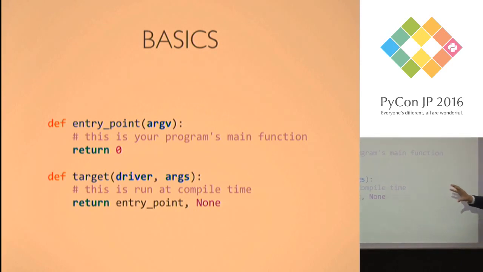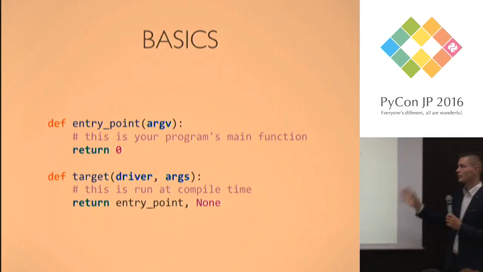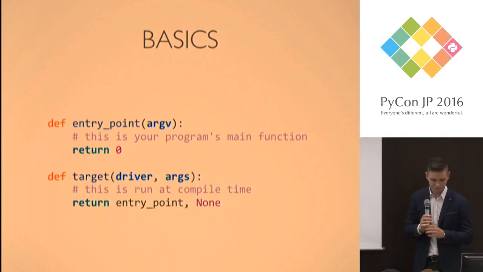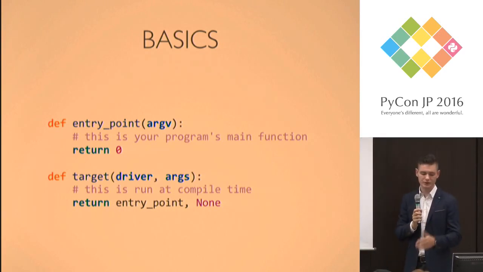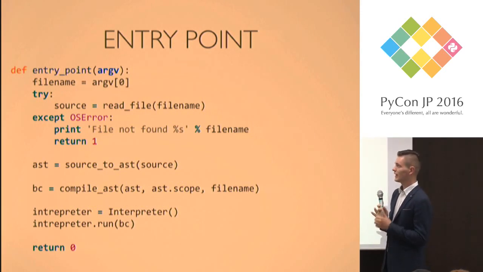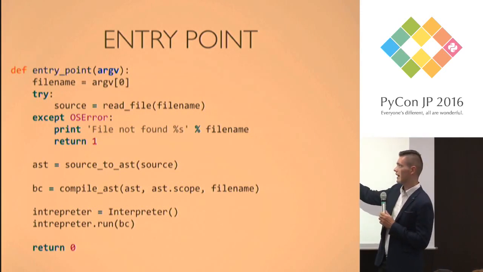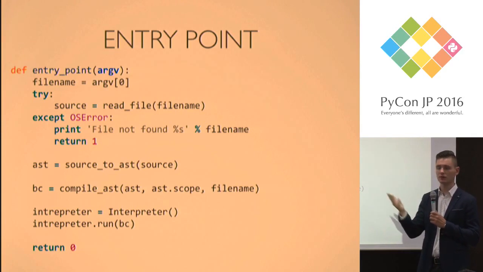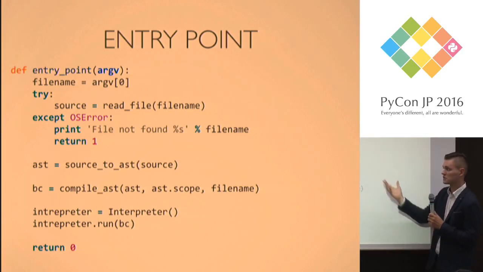The entry point will get called anytime you run your compiled program. So how do you write a simple entry point? This is going to be the most basic interpreter you can write. The entry point just gets normal arguments passed to it, so you can do anything you want with it, and all this is just normal Python.